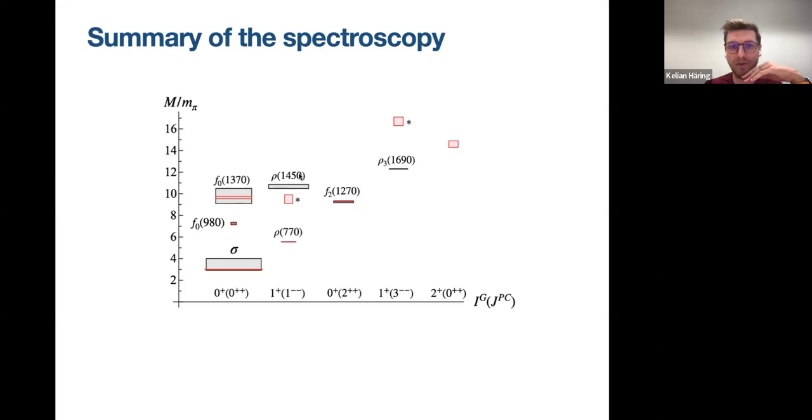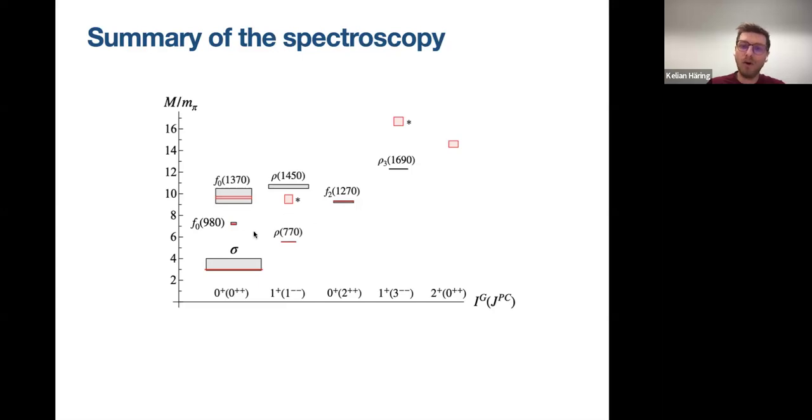So you have the sigma, the f2, etc. The red boxes are the particles that we found in the spectrum of our amplitude that we fit using the Bootstrap. You can see that the sigma has roughly the same width as in the literature, but the mass is more on the lower part of it, and the error bar is much smaller. And similarly for the f0.